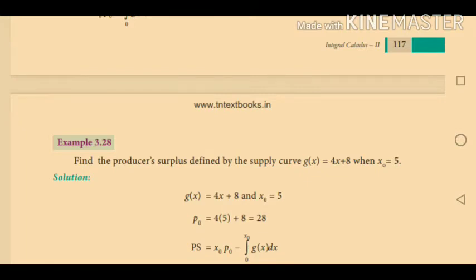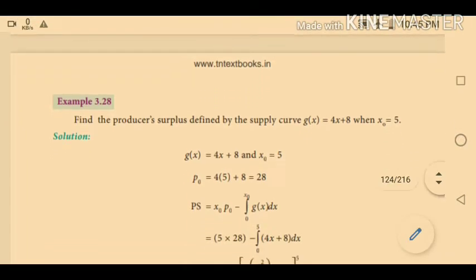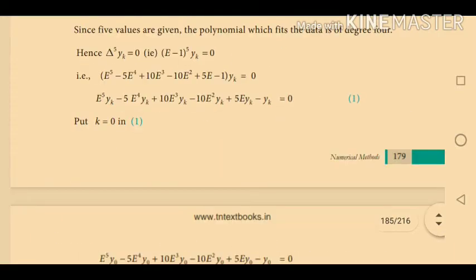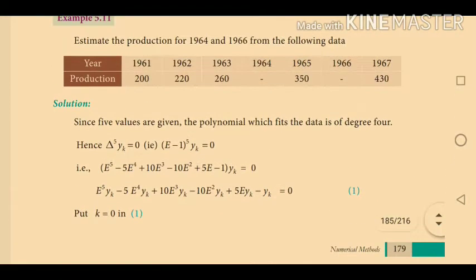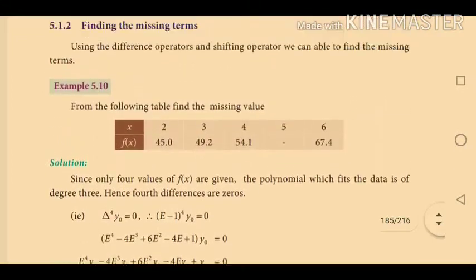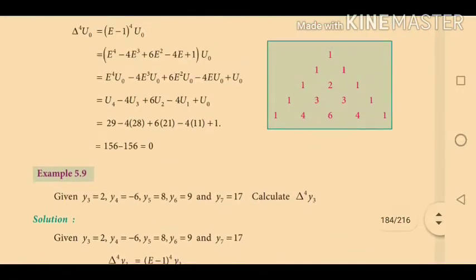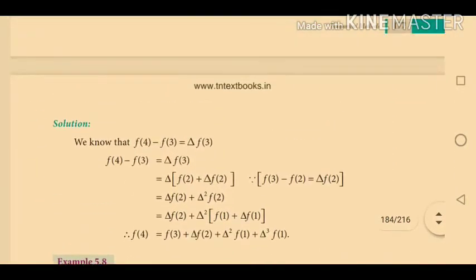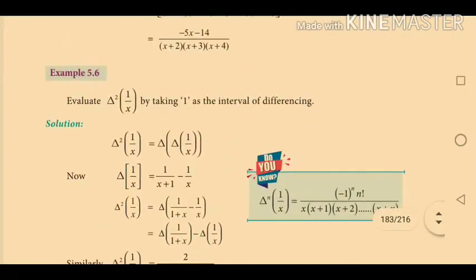The next sum is 5.3. So we are going to see about 5.3 now. By using the same difference method, that is the forward difference and backward difference method. Here we are using two methods, forward difference and backward difference.